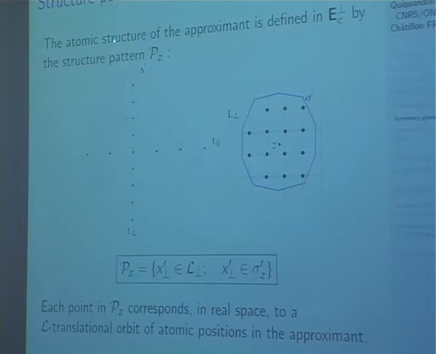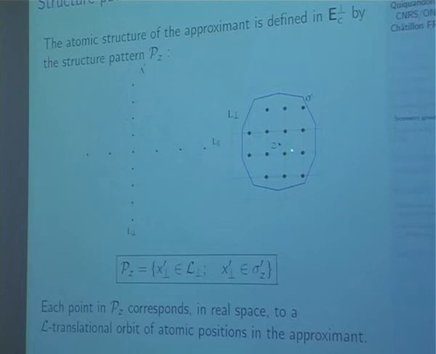I will call the structure pattern all the points X that belong to L perp, this lattice, and that are inside the atomic surface. I call it sigma prime because it's slightly deformed. And sigma prime depends on where you put it, so I take an arbitrary unit as being the origin.